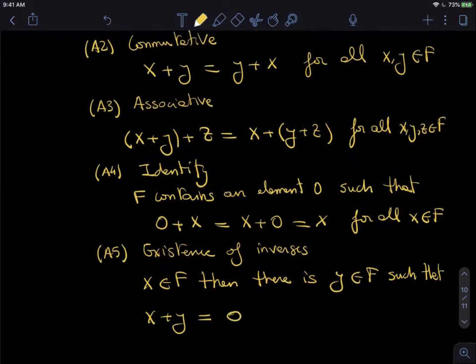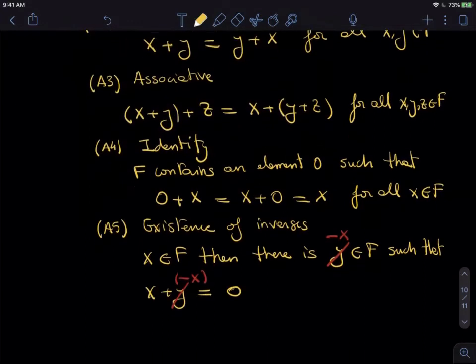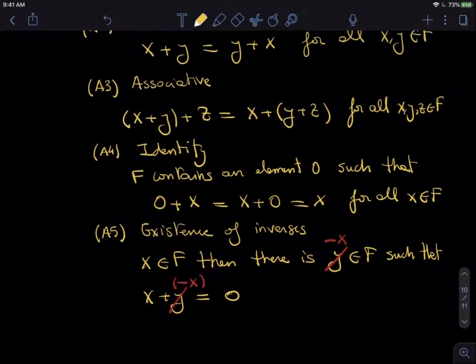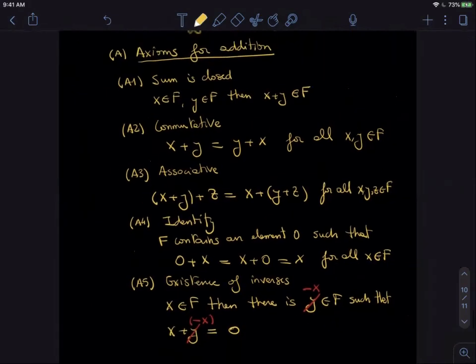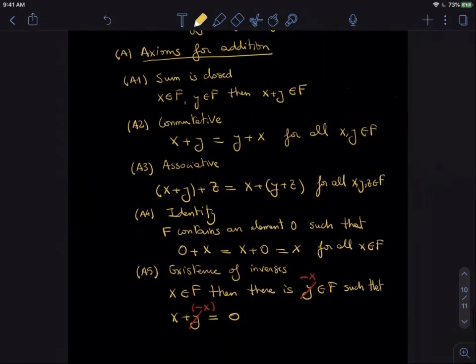Okay. Now, we don't really write y here. We call it minus x. Okay, so x plus minus x equals 0. That's how we denote the inverse usually, okay? So these are the axioms for the addition, okay? Closed, commutative, associative, identity, and existence of the inverses.